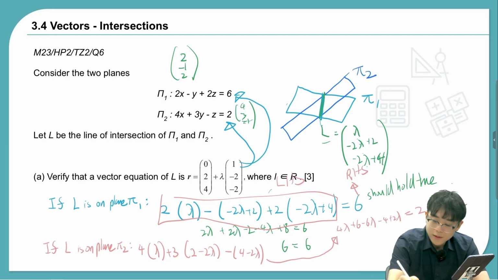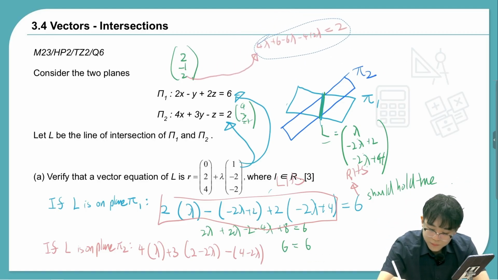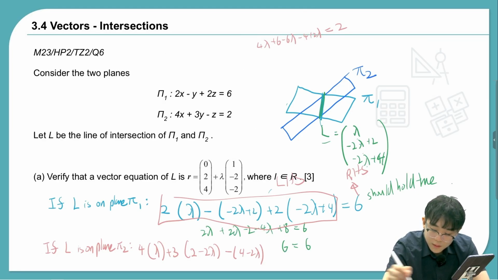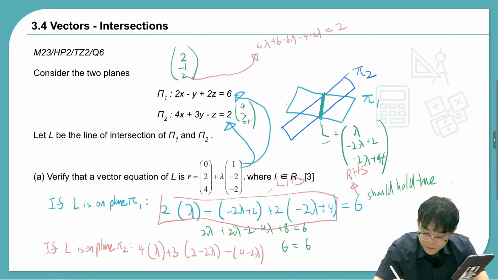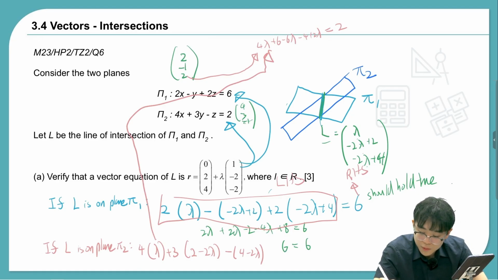Okay. So just to reiterate here, if I evaluate this expression, it gives me just 2, which is indeed equal to the right-hand side.